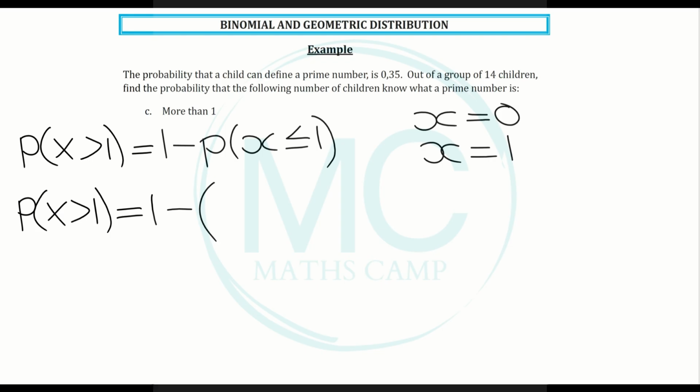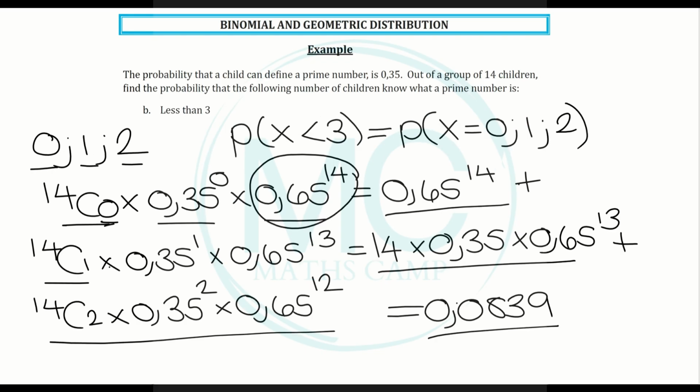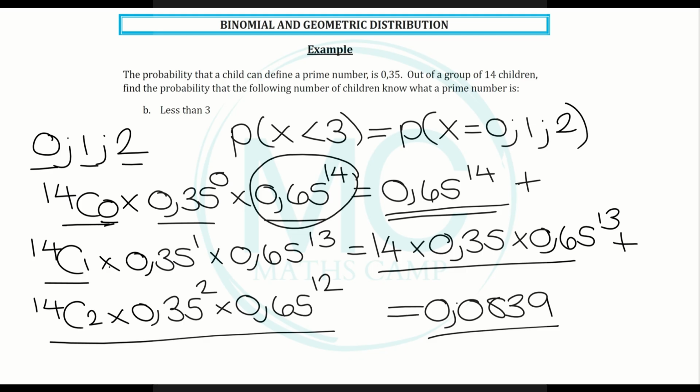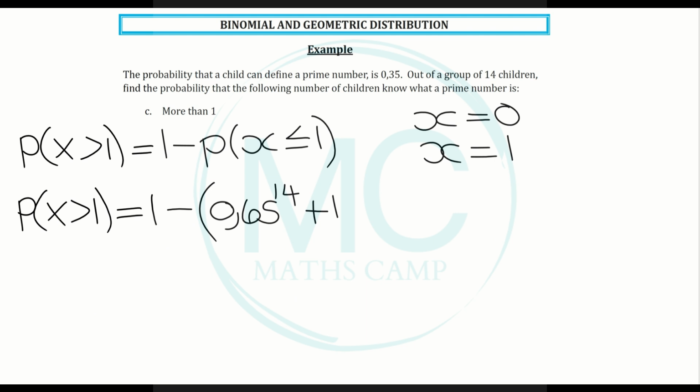Let's jump back to part B. If x is 0, we have 0.65 with an exponent of 14. I can put this in here, 0.65 with an exponent of 14 plus x is equal to 1. Let's go back again. We use this value over here. 14 multiplied by 0.35 multiplied by 0.65 with an exponent of 13. And now I can take my calculator.